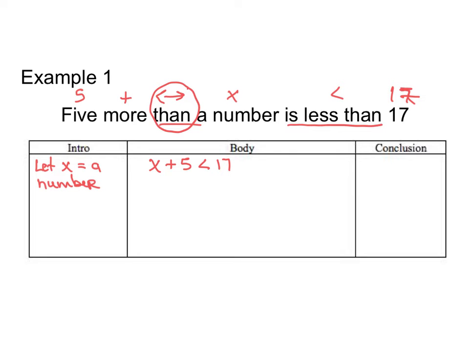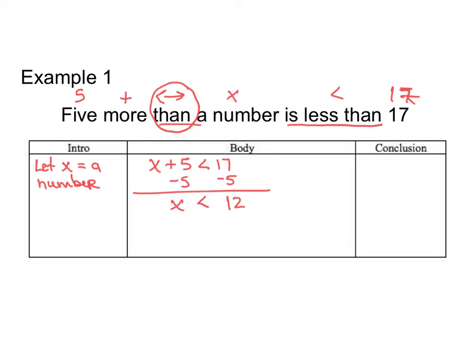We see a plus 5, so we are going to subtract off 5. Grab a calculator, do 17 minus 5. 17 minus 5 is 12. We still have our x, so let's bring down our less than. So we have x is less than 12. Okay, what does this really mean?